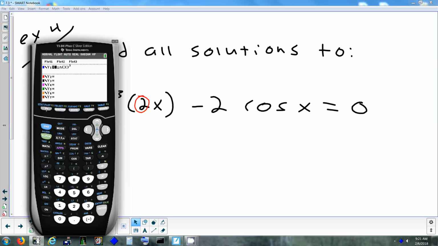Let's throw the 2 in there and see what that does to it. Remember, when stuff is inside parentheses, it's the opposite of what you would think. That's a number bigger than 1. Bigger numbers should compress. So now this graph should look like it's compressed a little bit. Okay, how many cycles are we seeing there?